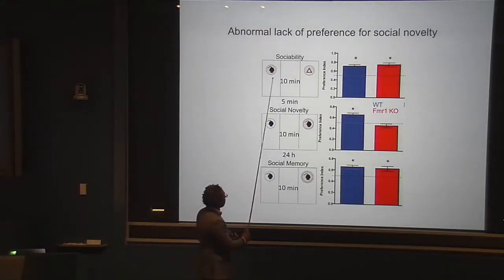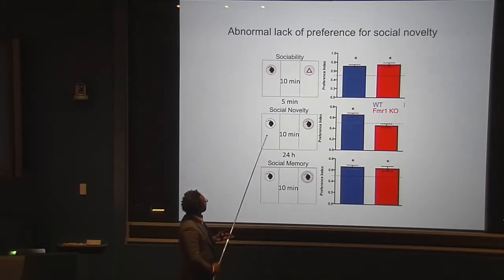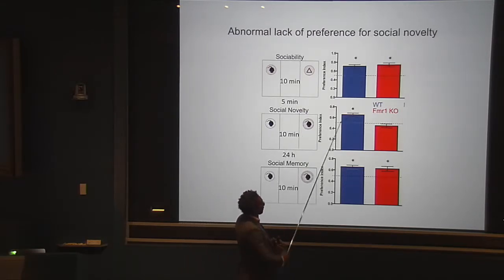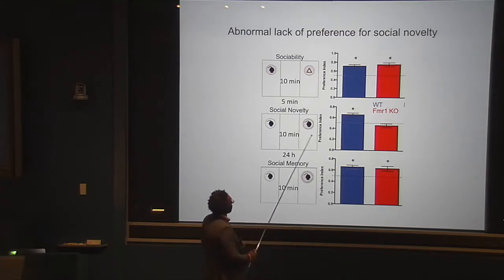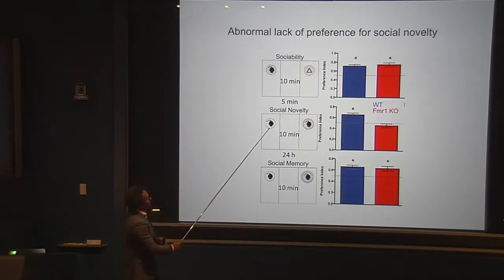They're quite normal in preferring a mouse to an inanimate object. But if you change a familiar mouse and pair it with a novel mouse, wild-type animals will prefer the novel mouse. We call this social novelty, and the Fragile X mice will not. They're at chance in whether they spend time with the familiar mouse or the novel mouse.